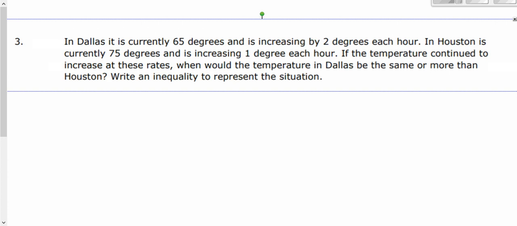Okay, so again, we're not going to solve, we're just going to write an inequality. I want when Dallas will be the same or more than, so greater than or equal to Houston.